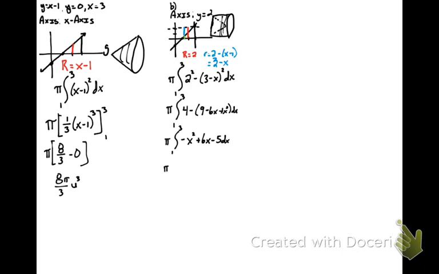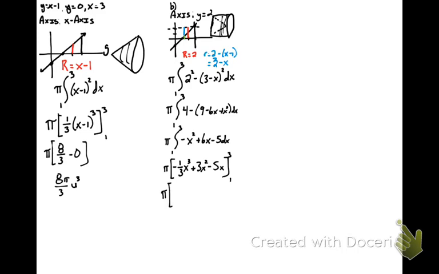When we integrate this, we'll end up with negative 1/3 x cubed plus 3x squared minus 5x from 1 to 3. And now it's time to substitute in our limits of integration.